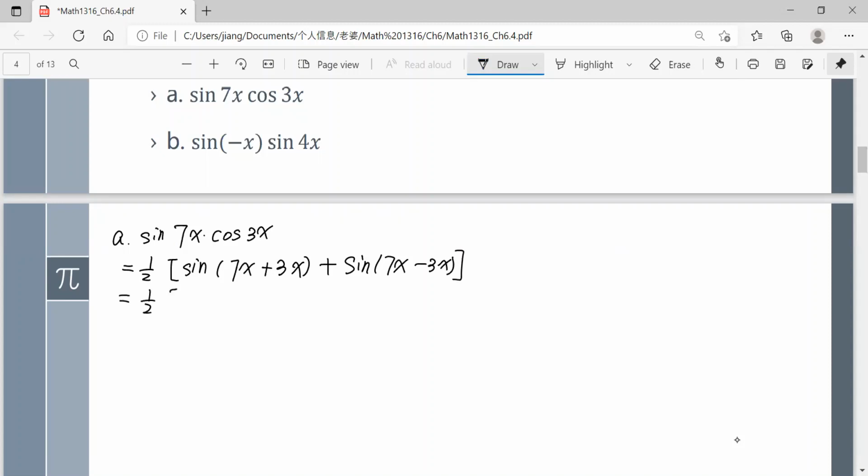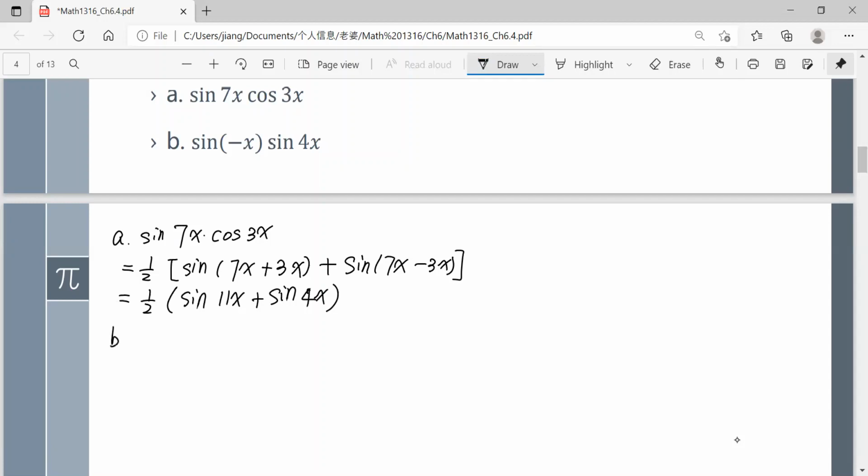So 1/2 times sine, this is 11x. Here I can just use parentheses. And plus, another one is also sine. 7 minus 3 is 4x. So this is the final answer for A.